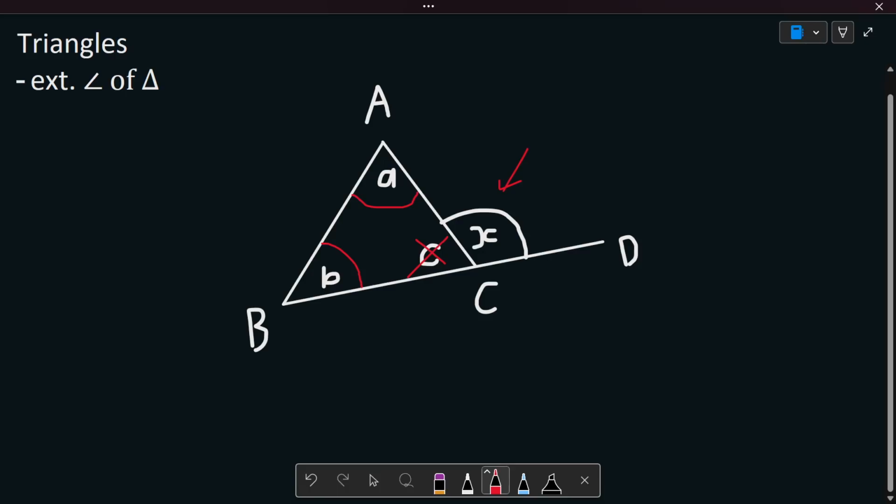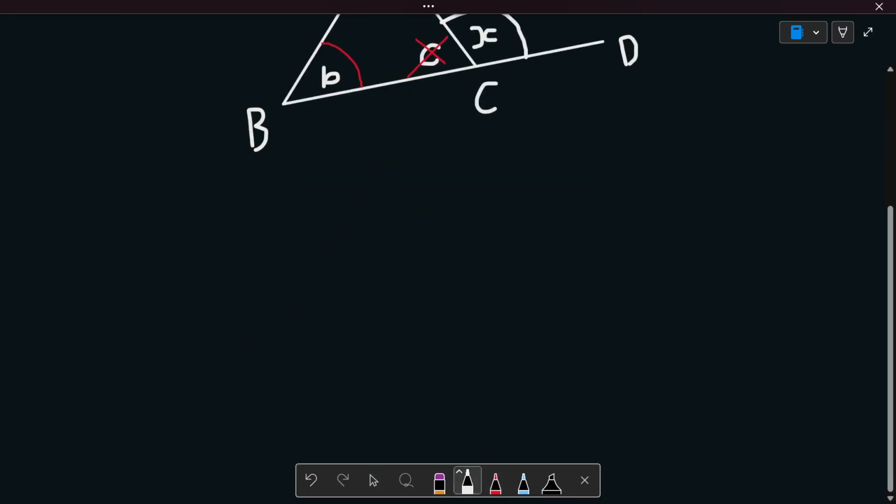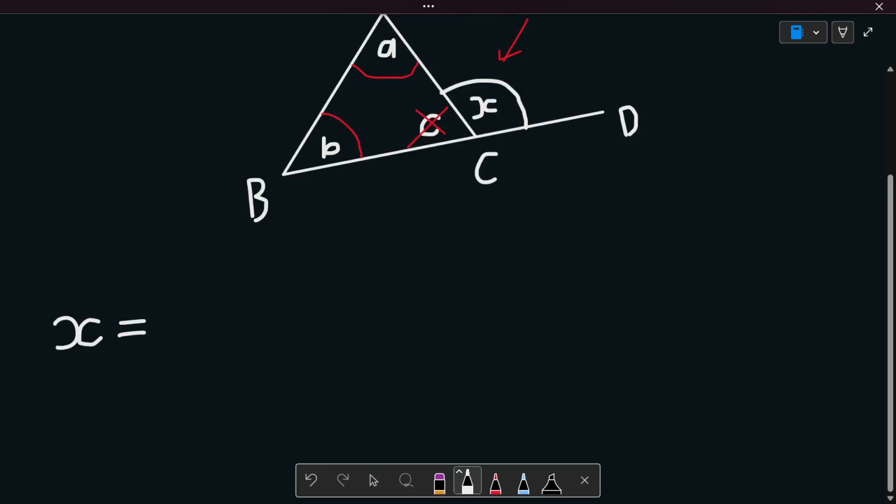How do we write this down? How do we actually know what this is going to be? We're going to say that the exterior angle X is going to be equal to... I decided I'm not going to be doing the naming because it takes a lot more time, but I hope you understand how we do the naming of different angles and how important it is, because now I'm going to use variables from now on.